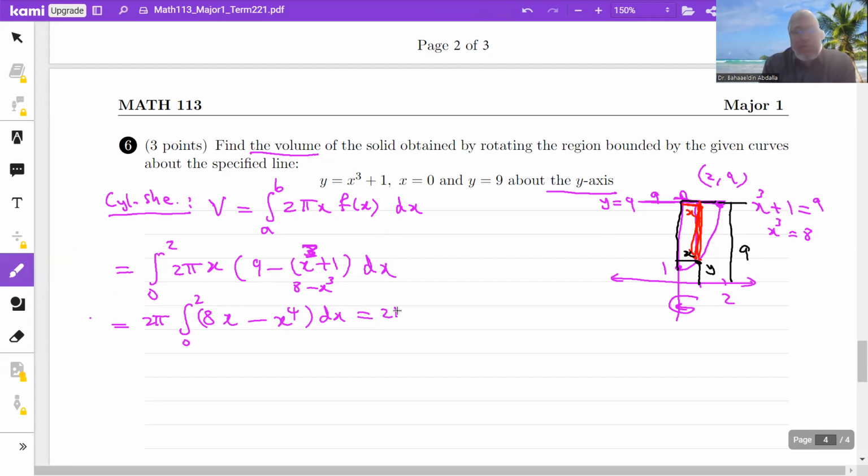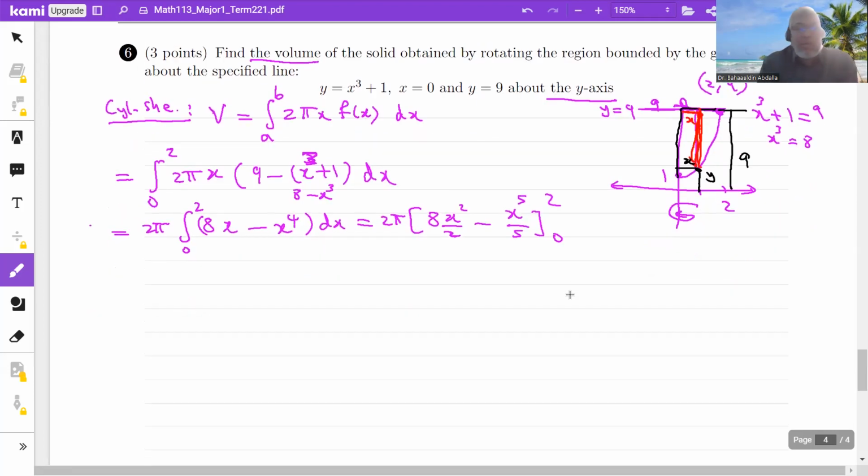And it would be 2 pi times 8x squared over 2 minus x to the power 5 over 5, from 0 to 2. And it would be 2 pi times, this is 4x squared. If I replace x by 2, it would be 4 times 4, so that's 16.